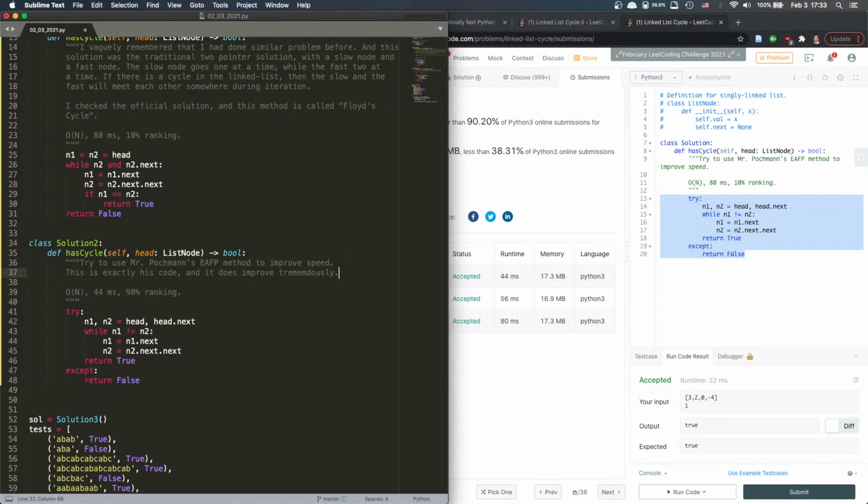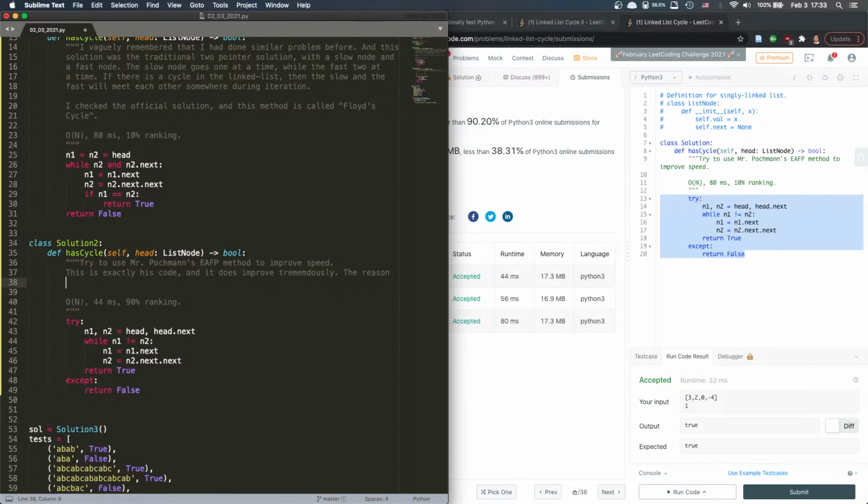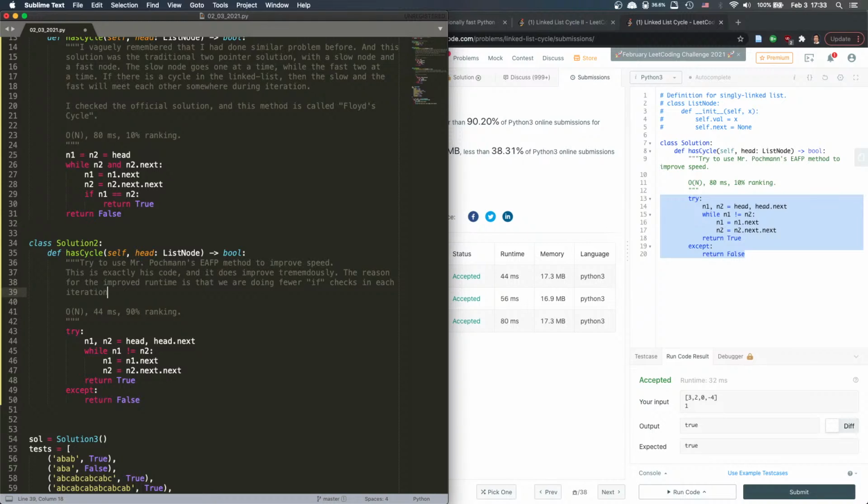The reason for the improved runtime is that we are doing fewer checks, fewer if checks in each iteration.